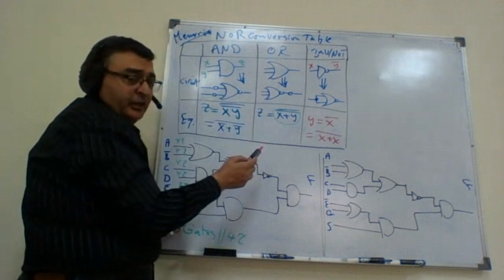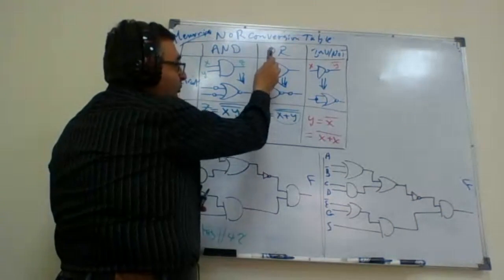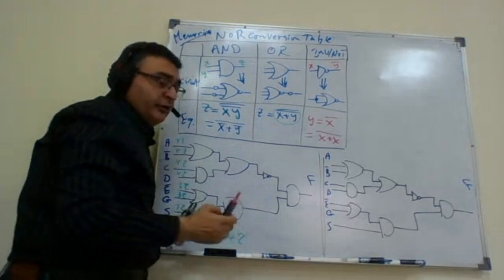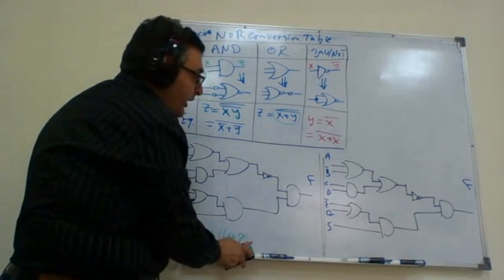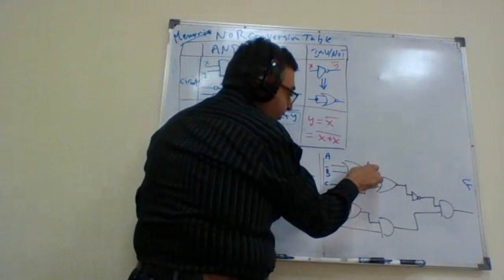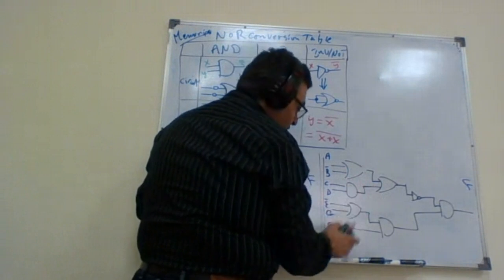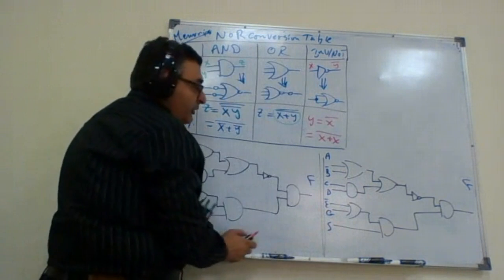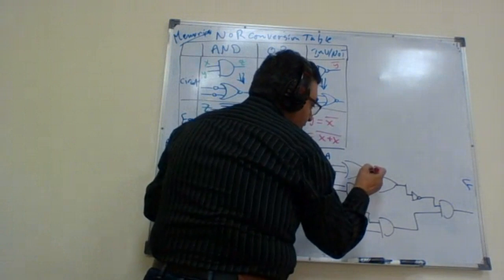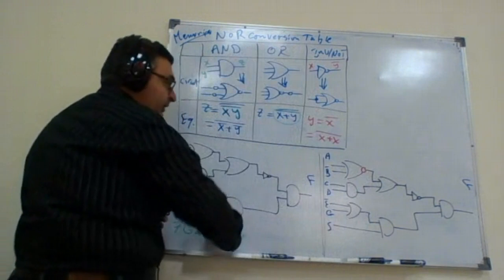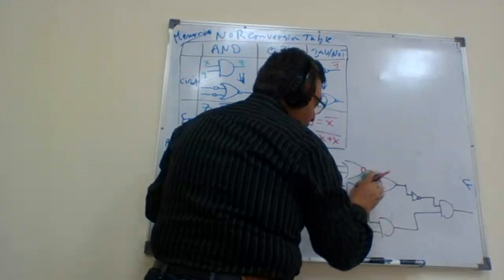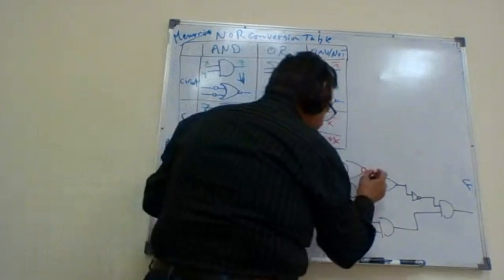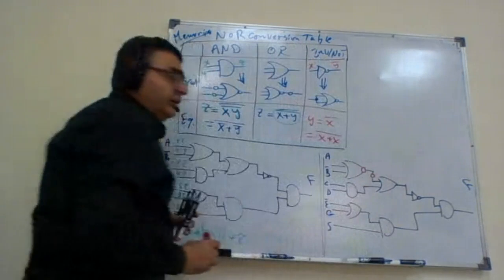This table is telling me if I have an OR gate and I want to replace it with a NOR, I have to add an inverter at the output side. So this OR, I will replace it with a NOR, meaning one inverter makes it a NOR and another inverter compensates for the logic.